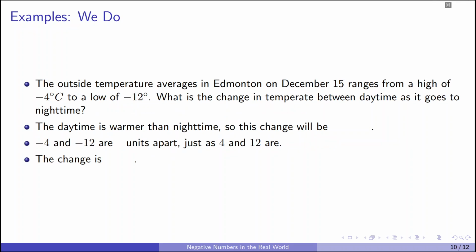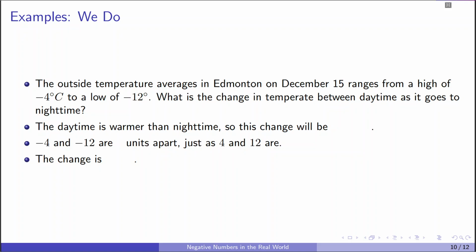Right, let's take a look at this one step by step. The outside temperature averages in Edmonton on December 15th ranges from a high of negative 4 Celsius to a low of negative 12 Celsius. What is the change in temperature between daytime and nighttime?